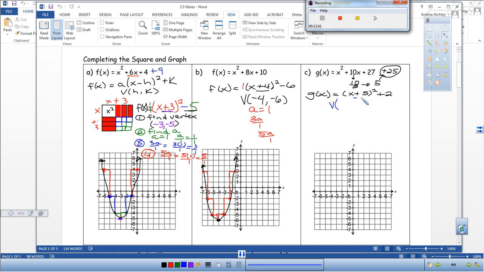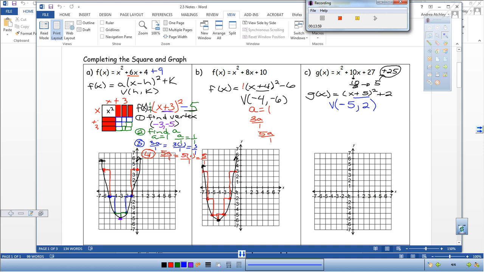And again, it's inside the parentheses, so what do I need to do to it? Change the sign. There's a positive 5, so when I pull out, it's a negative 5. And Ruby, what's the k value? 2. And since that's outside the parentheses, I don't need to do anything with it. It's just 2.